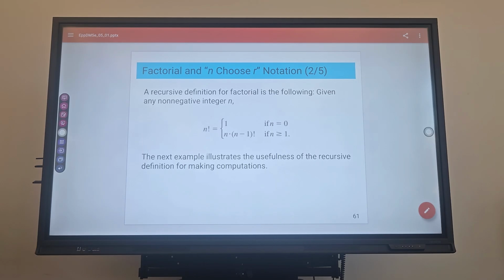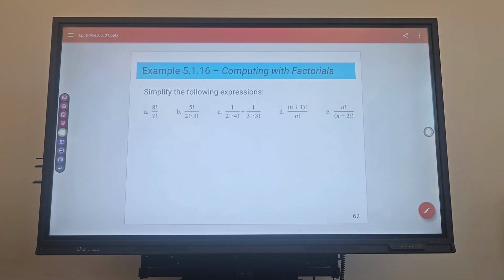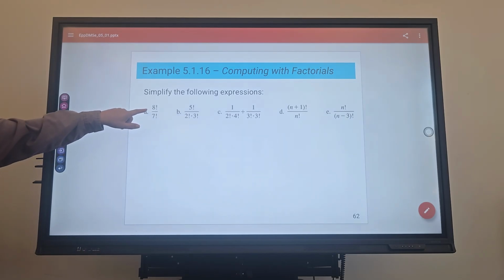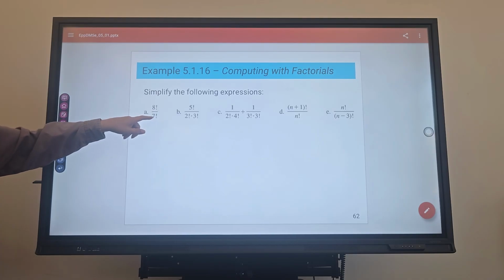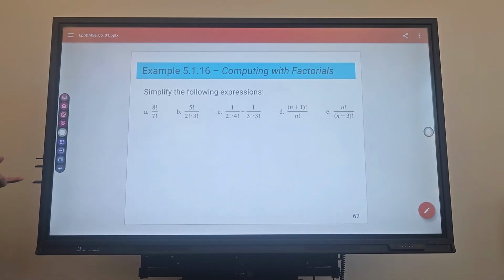Now, this recursive definition is useful for making computations. You can factor things out. So 8 factorial is 8 times 7 factorial. The 7 factorials cancel out, leaving behind 8.